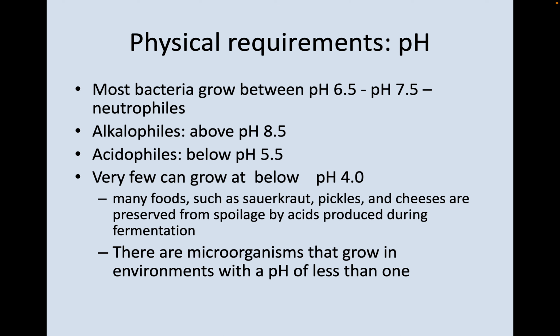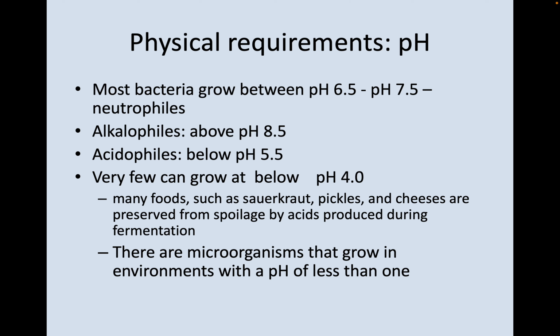All right, another physical requirement of microbes is pH. Most bacteria grow between pH 6.5 and 7.5, so neutral pHs. These are the neutrophiles. Alkalophiles prefer pHs above 8.5, and acidophiles prefer pHs below 5.5.